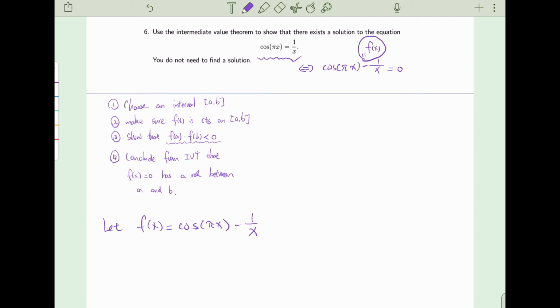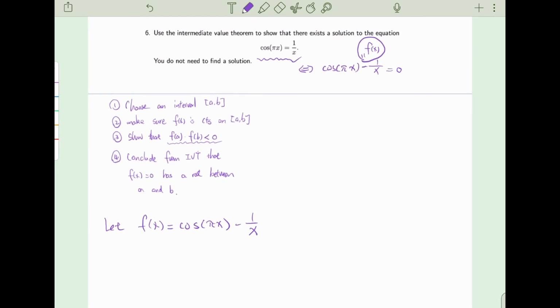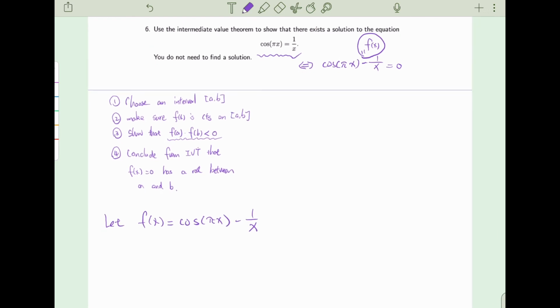And later on, I'm gonna choose the interval a and b and show that the sign of the function evaluated at the endpoints are different to apply the intermediate value theorem. So firstly, constructing the function is very important. You should know how to construct this function. It is just rewriting the given equation, moving everything to one side, and then letting that function be that expression.